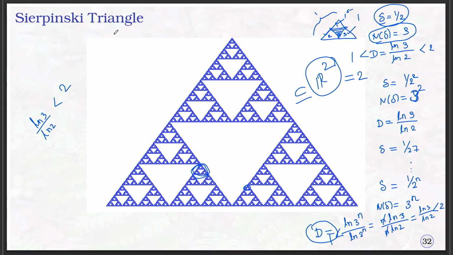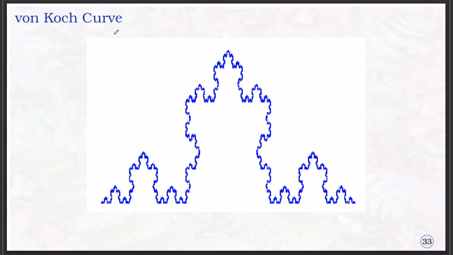Let us try to find the fractal dimension of the Van Koch curve. So, how did we construct this Van Koch curve? We take the unit line and divide it into 3 equal parts. Here we make the middle part a side of an equilateral triangle and we remove this one.